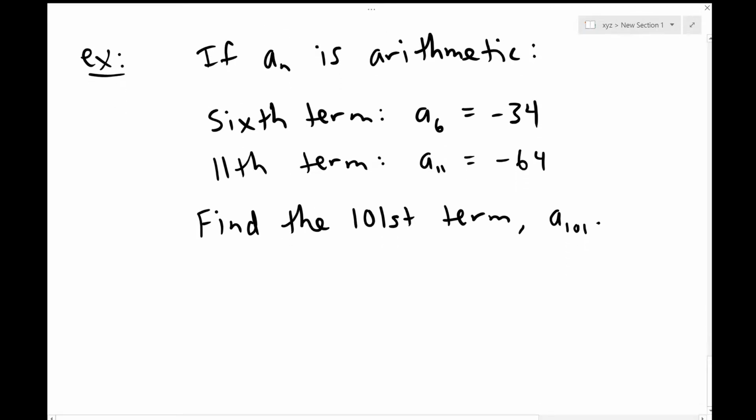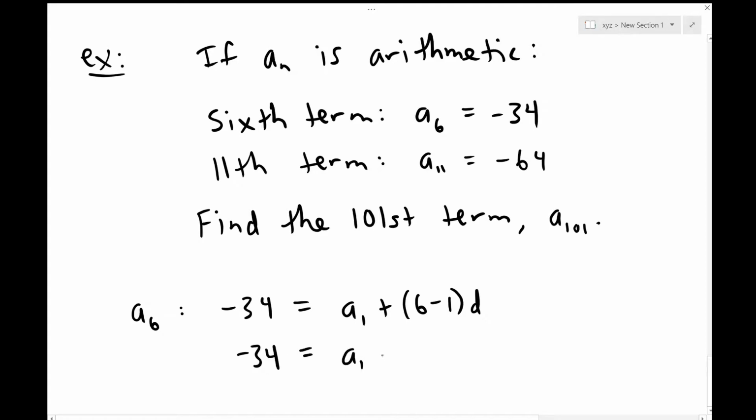What we know is that for the sixth term, a sub 6, that's equal to negative 34. But from our formula, a sub 1 plus n minus 1 times d, this would become a sub 1 plus 6 minus 1 times d. Or in other words, this would simplify to negative 34 is equal to a sub 1 plus 5d.